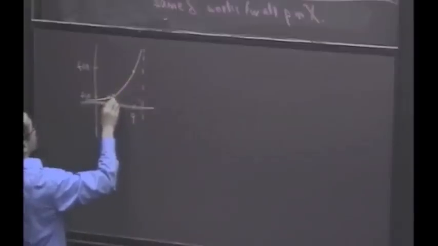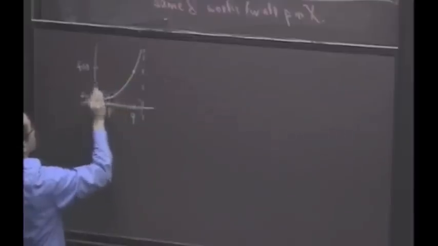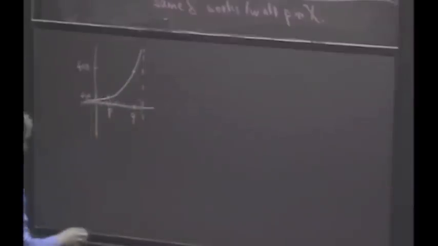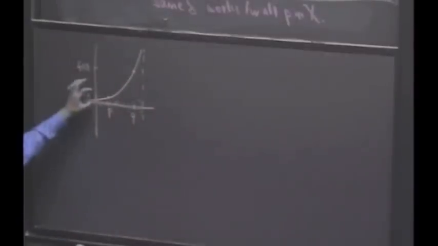Here's a delta ball that will land in this region. So if I pick anything in this region here around P, I will land in an epsilon ball around f of P.